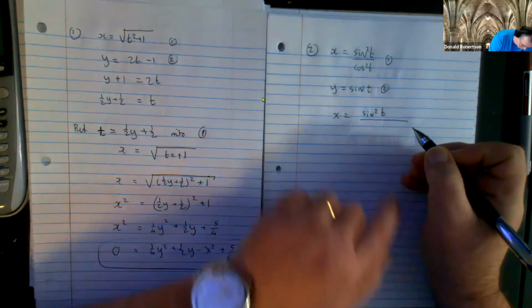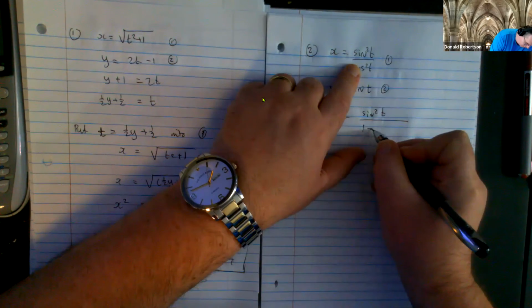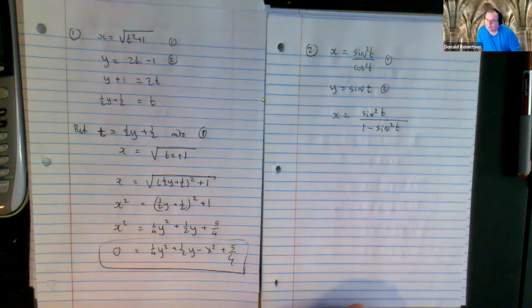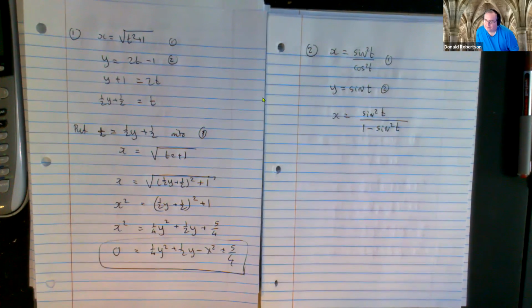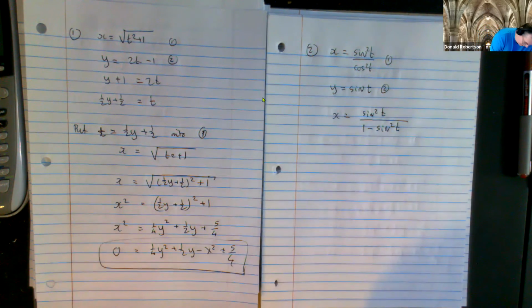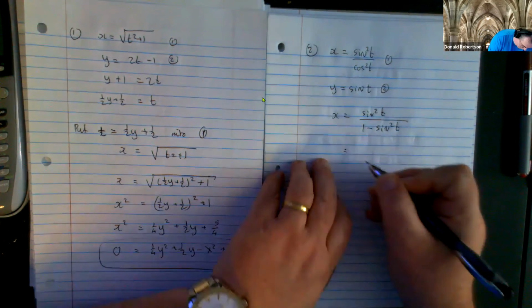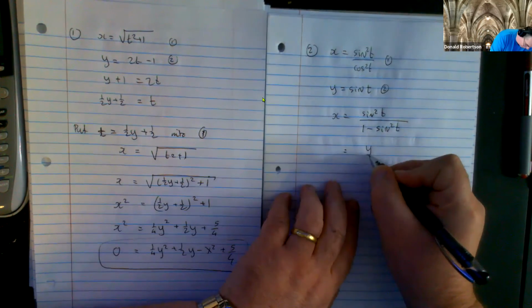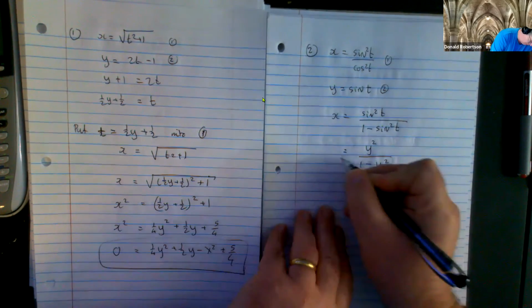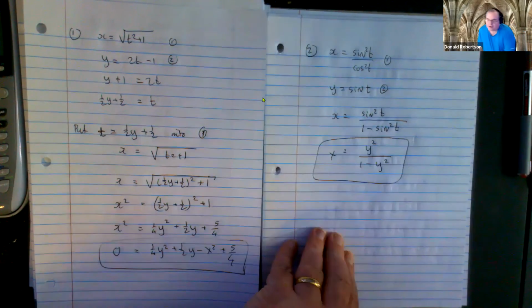And instead of cos squared, I'm going to call it 1 take away sine squared. The whole idea is just to get rid of the t's. It doesn't need to be a y equals when you're finished. In fact, it probably won't be. Now, if you do that, then y is sine, so that's y squared, 1 take away y squared. You get quite a pretty answer.